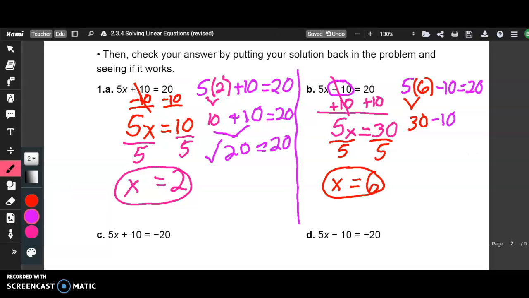Then I have 30 minus 10 equals 20. 30 minus 10 is 20. 20 equals 20. Works out. I know I did that equation correctly.